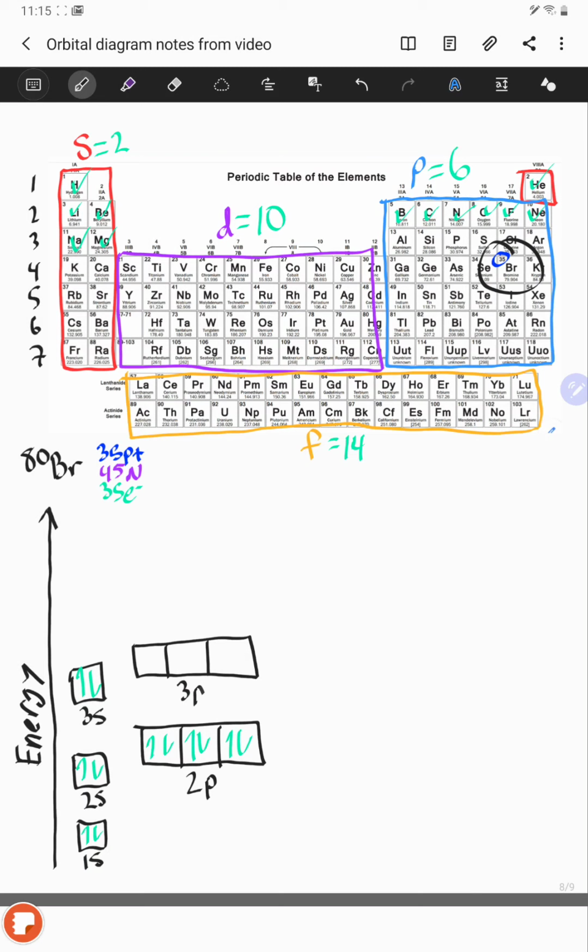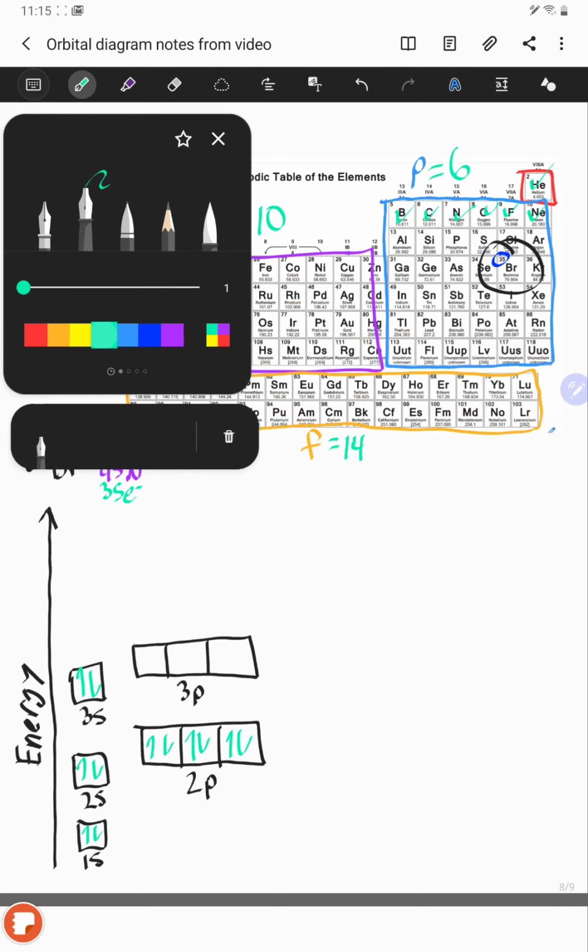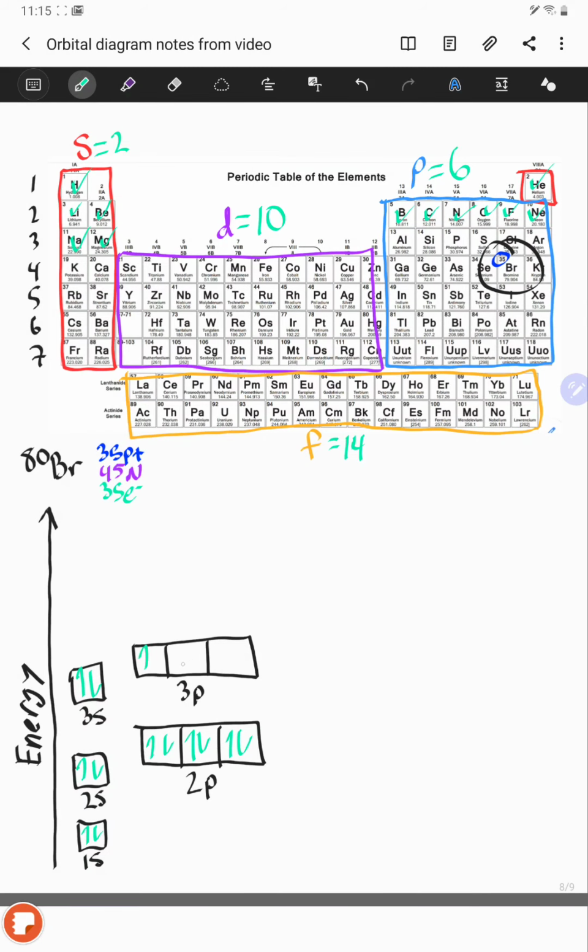And then we're going to label it 3p, fill in our electrons. All right, we are still not at bromine. So we're going to keep going.